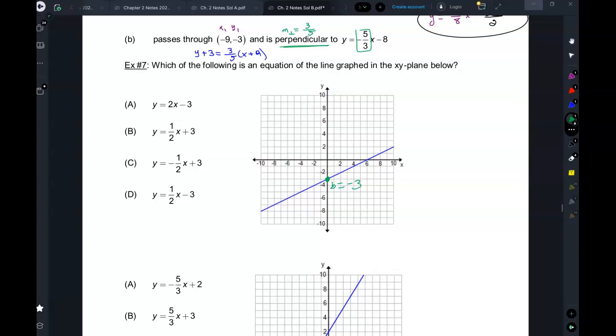Because the one with y-intercept negative 3 is either a or d. So now what's the slope? Is it 2 or a half? Let's see. How do you go from here to another point? Why did you cross that? Because here b is negative 3, but here it's plus 3. It's a process of elimination, right?